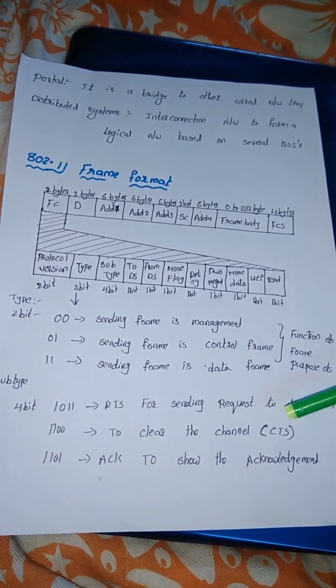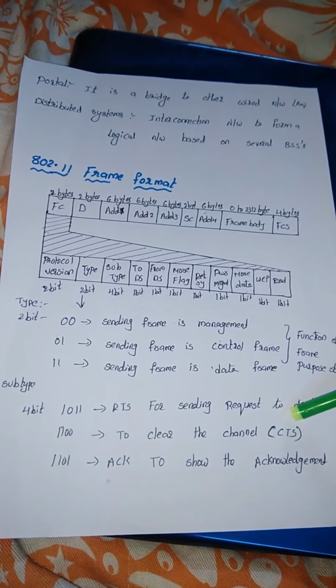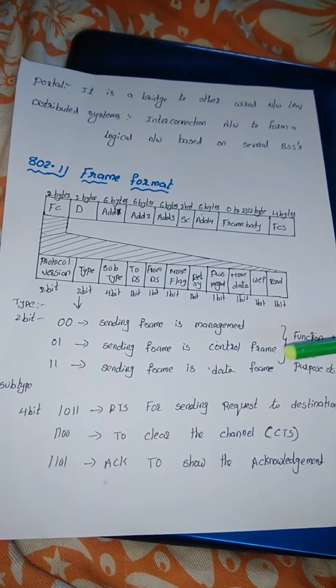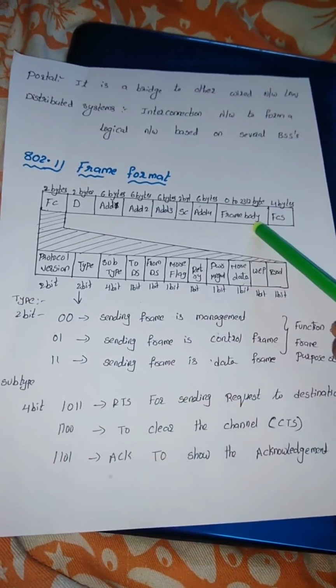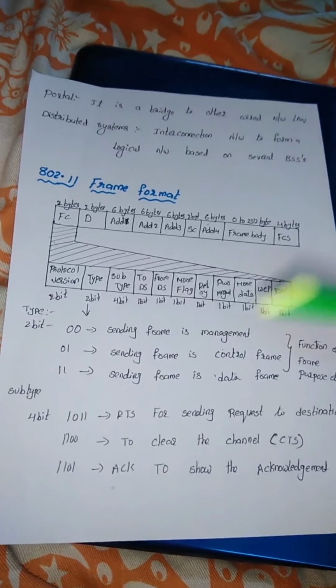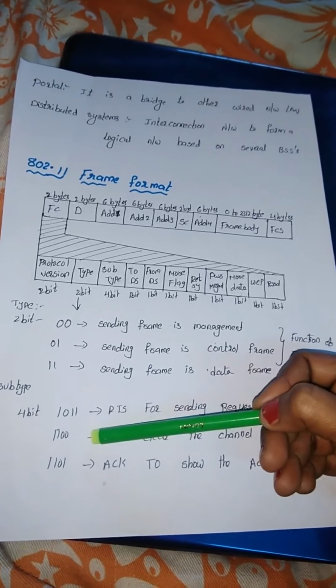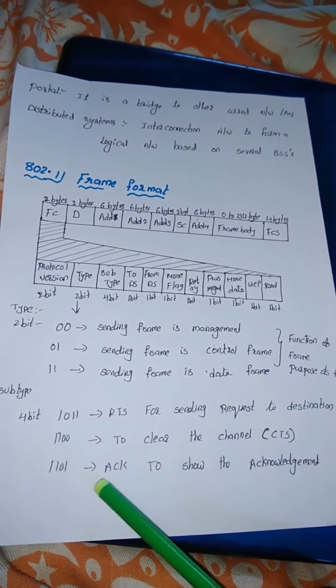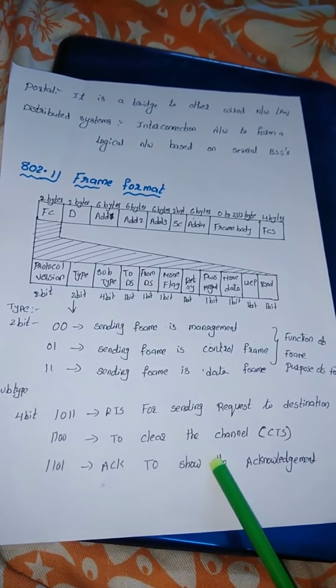1100 is clear to send. Before sending a frame, we must verify whether the transmission medium or carrier is free or not. To verify that, we send the 4-bit value 1100. Next, 1101 is the acknowledgement frame.